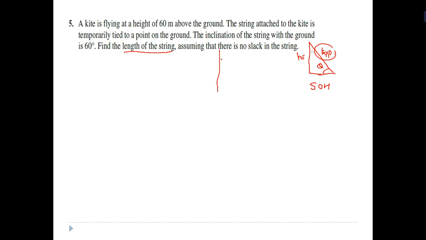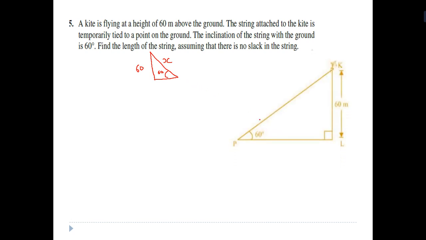According to this we can do it. First I will rub out all the things. First let us see how the diagram is. To make a perfect diagram, here we write 60, here we write x, here we write theta.